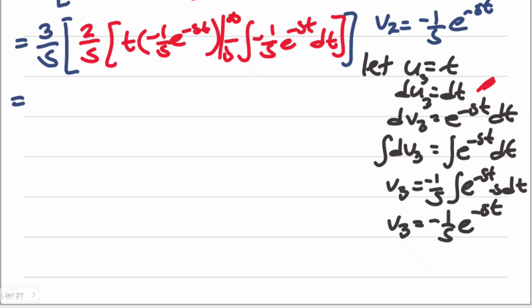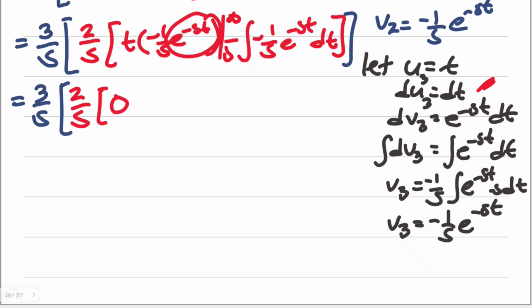You still have a factor of 3 over s. Another factor here is your 2 over s. Again, as this approaches infinity, that's 0. Okay? As this approaches 0, it is 0 as well. By the way, what makes it 0 when approaching infinity is this here: e to the power of negative infinity is actually 0.